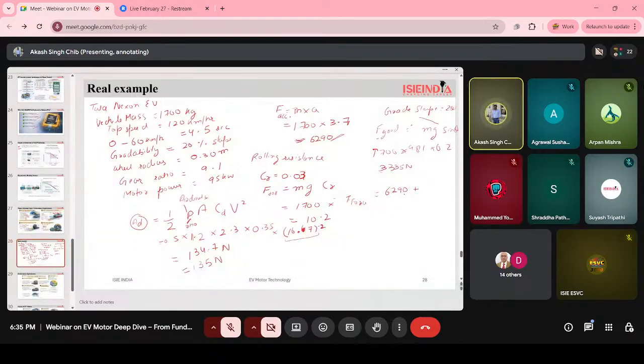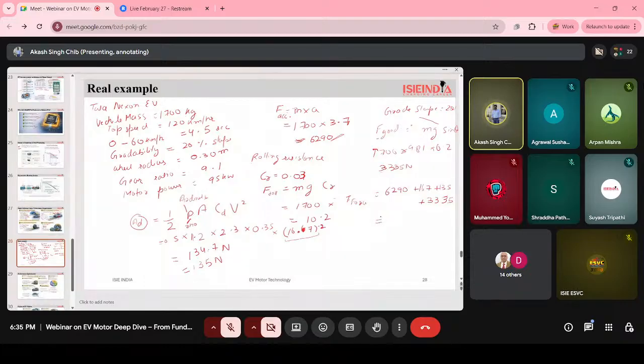I think it was around 167. Then the aerodynamic drag we got is 135 Newton, plus the gradability slope 3335.